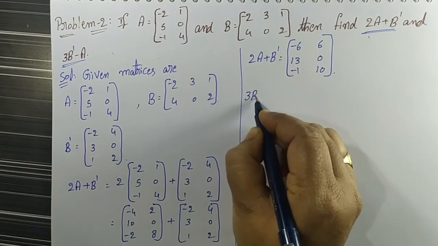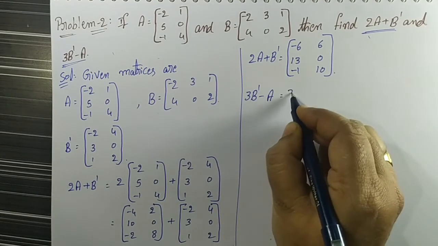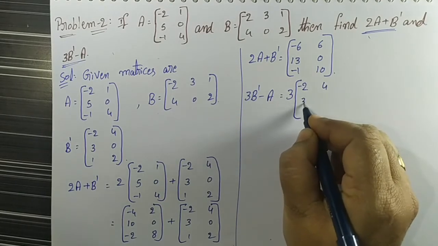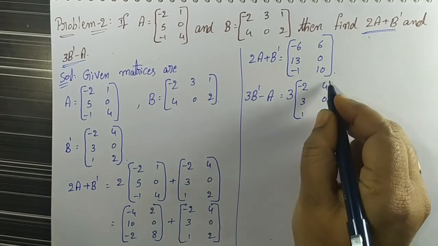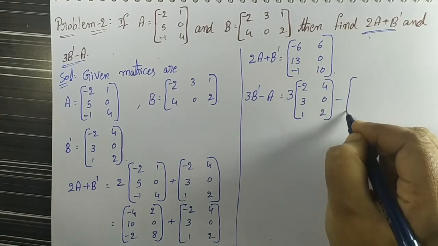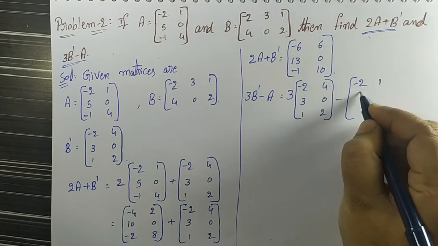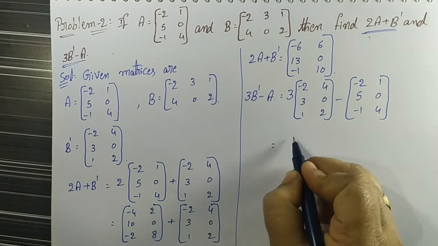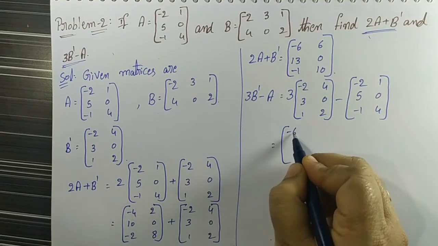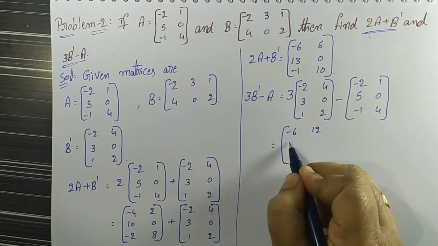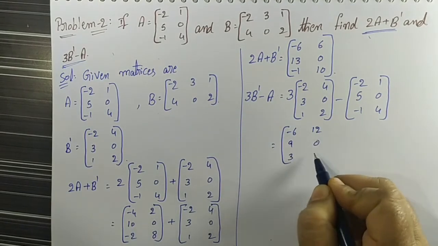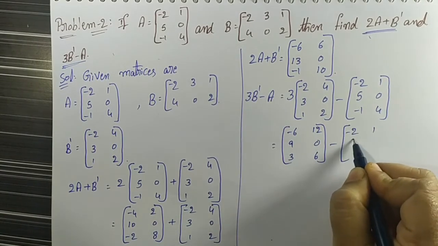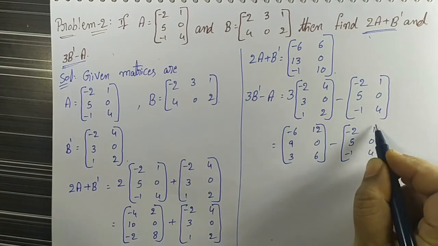Next we find 3B' - A, that is equal to 3 into the B' value, minus the A value, [-2 1 5; 0 -1 4]. That is equal to 3B' as [-6 12; 9 0; 3 6], minus of [-2 1 5; 0 -1 4].